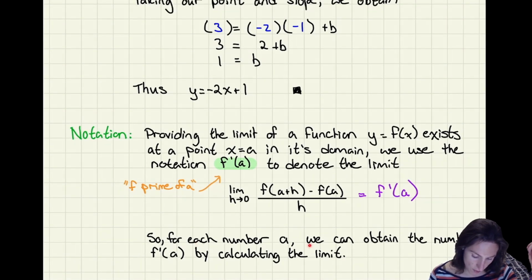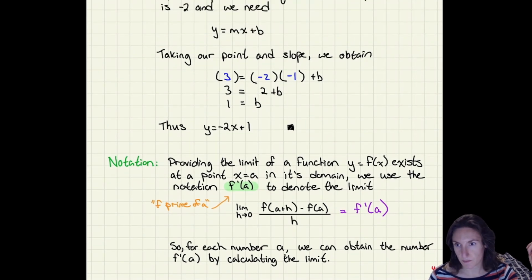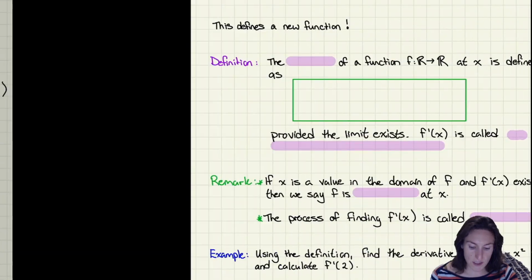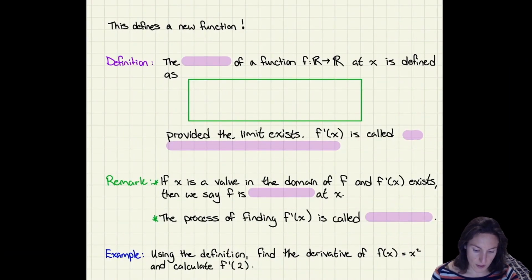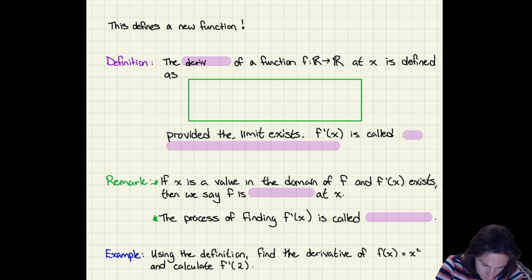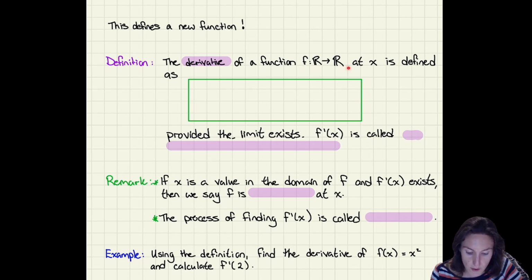Okay, so for each number a, we can obtain a number f prime of a by calculating this limit. Oops, sorry, my head's in the way. And this defines for us a new function. This defines for us the derivative. So the derivative of a real valued function at x, so now I'm doing it for all the values of x in the domain, not just a particular point a.